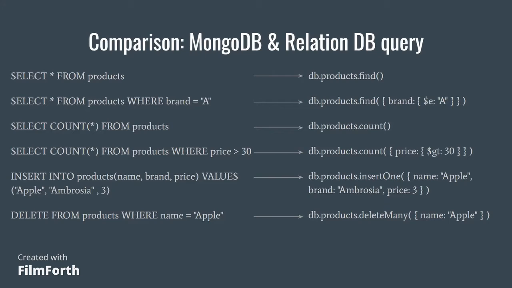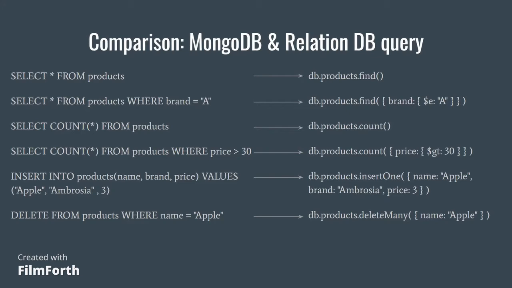Now I want to introduce a comparison between the traditional relational database query and how MongoDB queries its database. As you can see, the left side is how the relational database makes queries, and the right side is MongoDB.